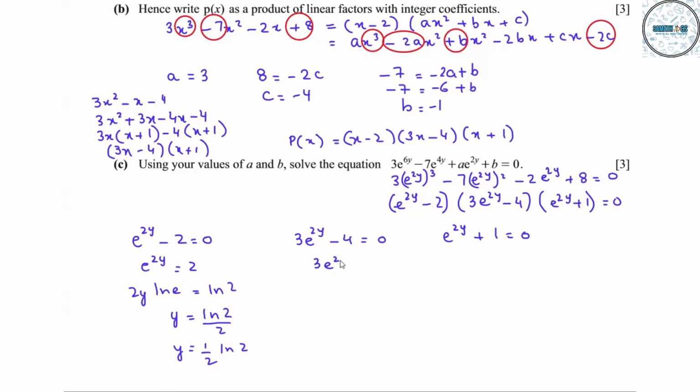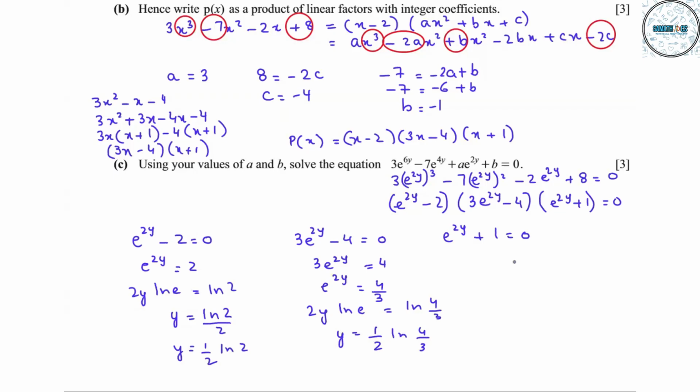3e power 2y is equal to 4. We can write e power 2y is equal to 4 upon 3. We can apply ln on both sides. So 2y ln e is equal to ln 4 upon 3. Ln e is 1, so y is equal to 1 upon 2 ln 4 upon 3.